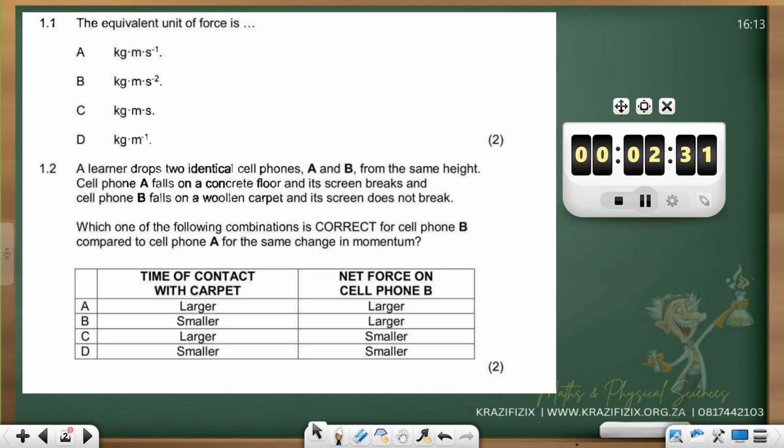These two are just basic content type of questions.